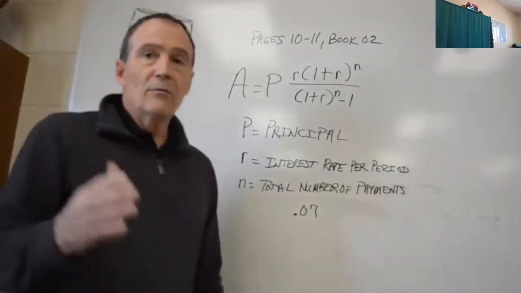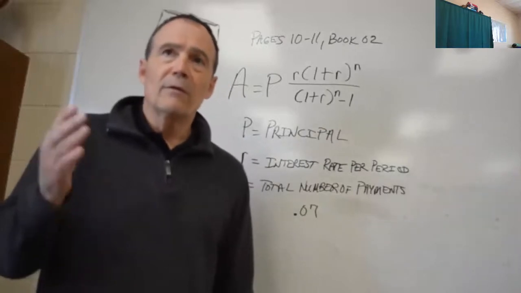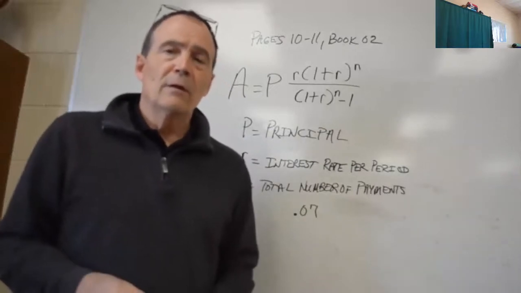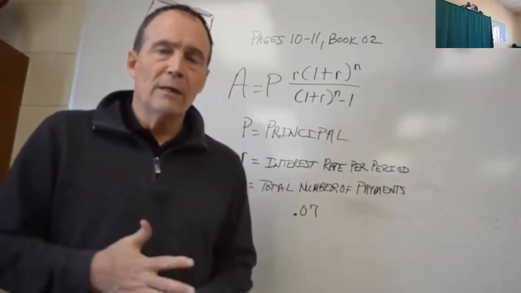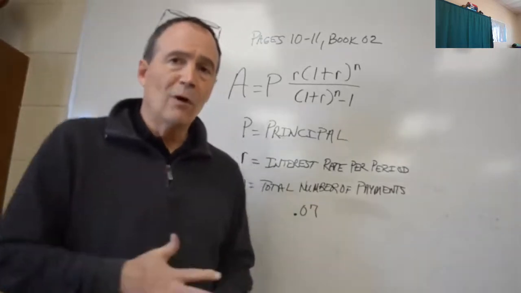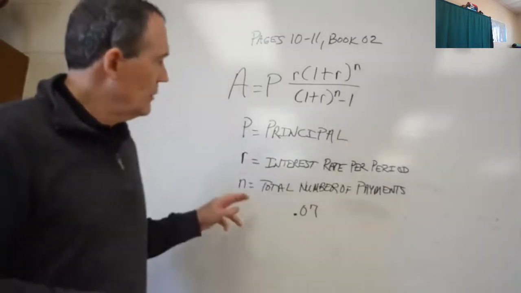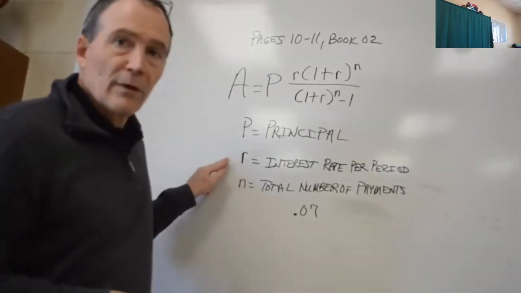You have to know what the interest rate is and recognize that it is going to be divided by 12 if you're making monthly payments. It's got to be divided by 12 in order to figure out your R value, whatever that R number is.